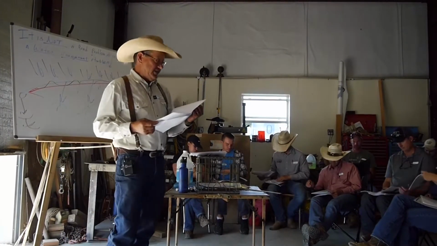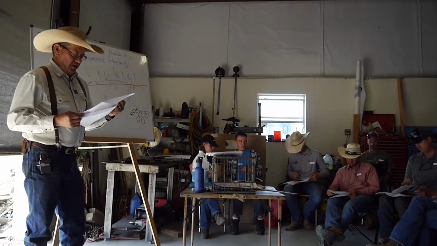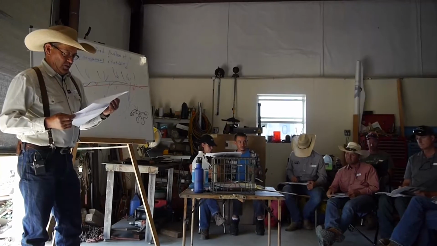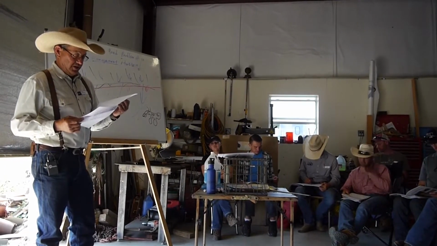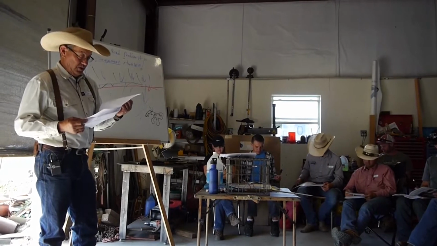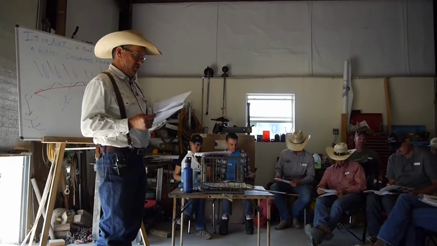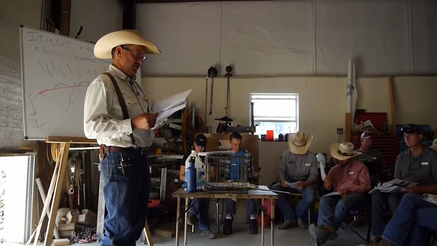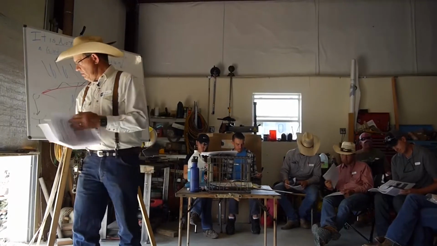Basically what that chart says is that when you increase the slope, at some point you double the velocity. Velocity times 2 equals you move 4 times as much sediment, 8 times the particle size.